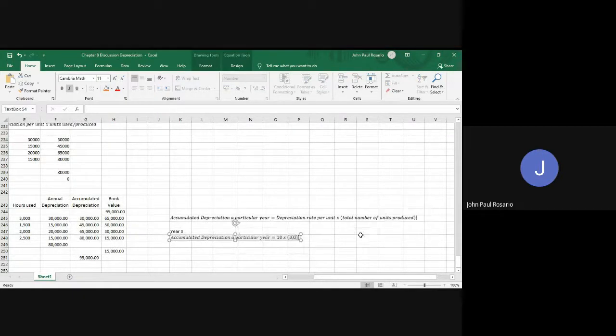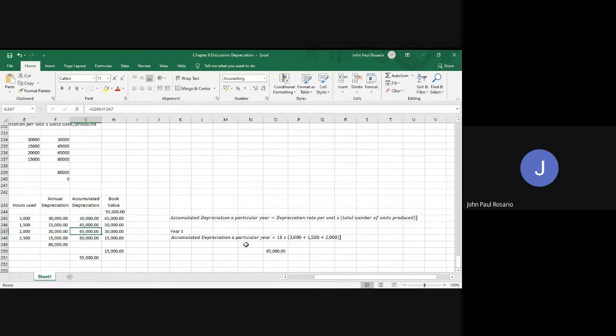It's 3,000 plus 1,500 plus 2,000. Meaning our accumulated depreciation in year 3 would be 10 times 3,000 plus 1,500 plus 2,000, which is 65,000, equal to the accumulated depreciation that we have here on our schedule.